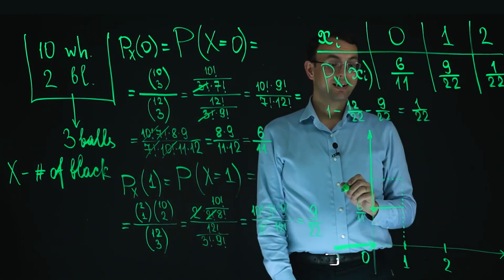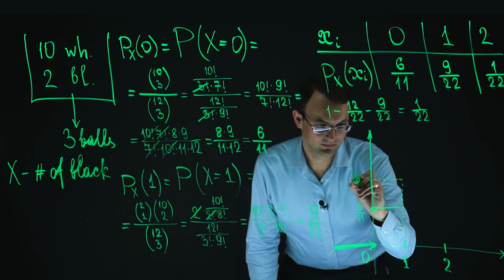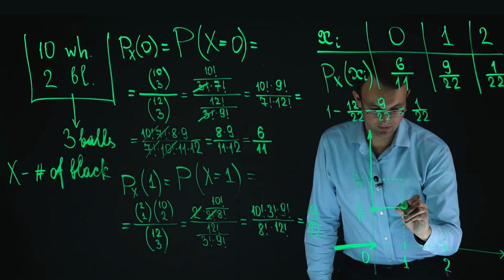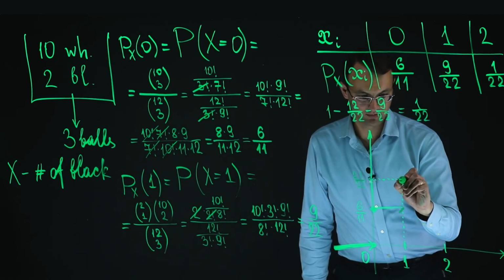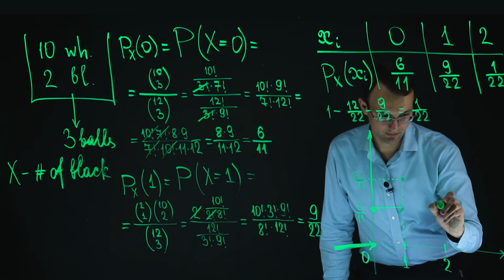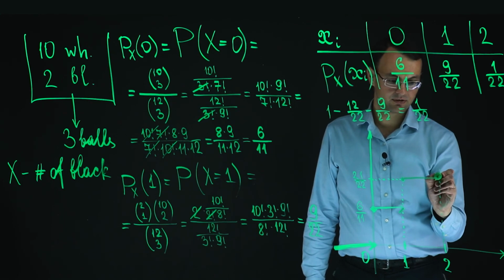That is 21 over 22. Between 1 and 2, the function is constant.